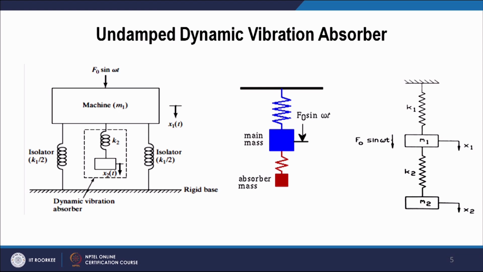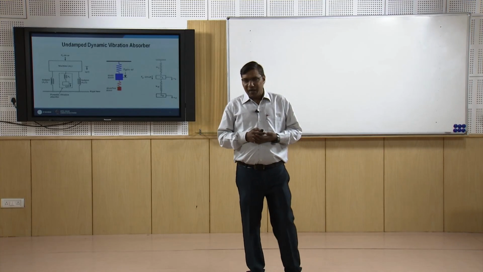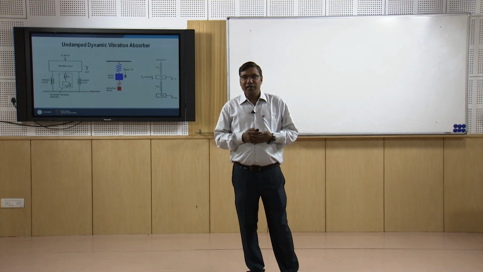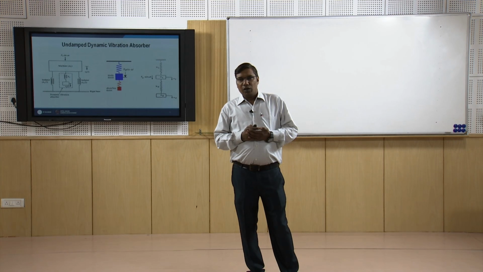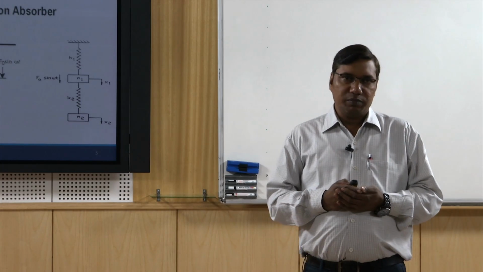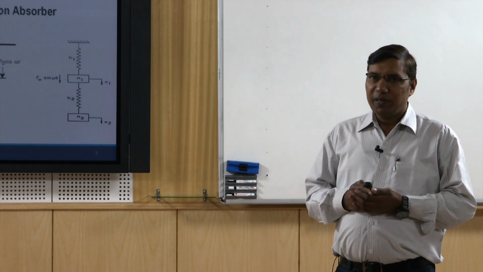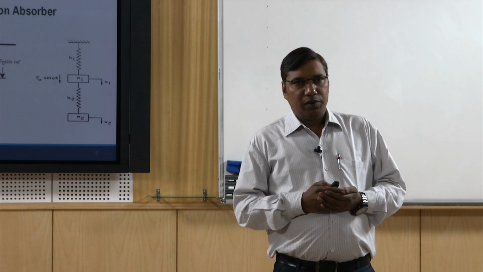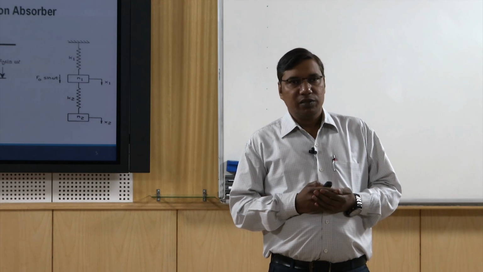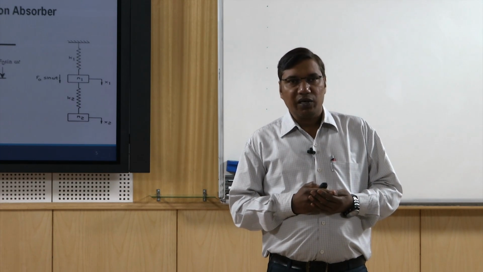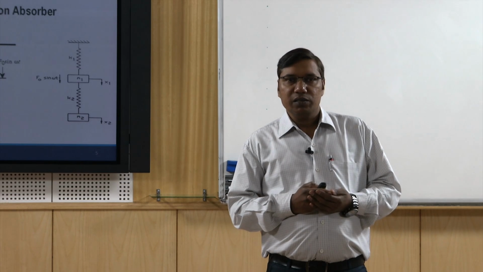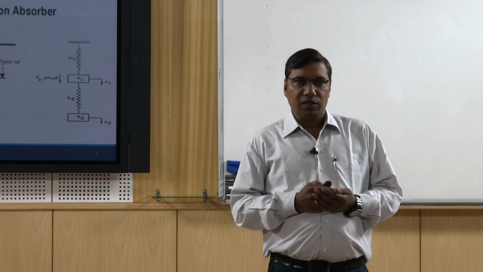We can write the equations, and we have to derive how the response of the main system is being affected, or reduced, due to the introduction of the secondary system, that is the vibration absorber.